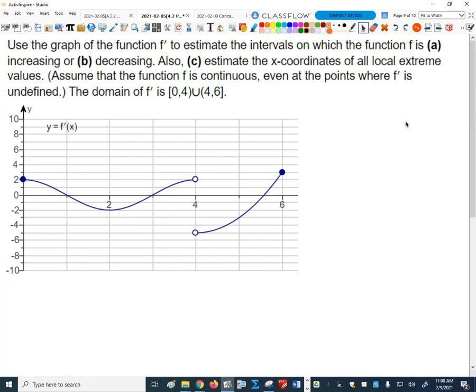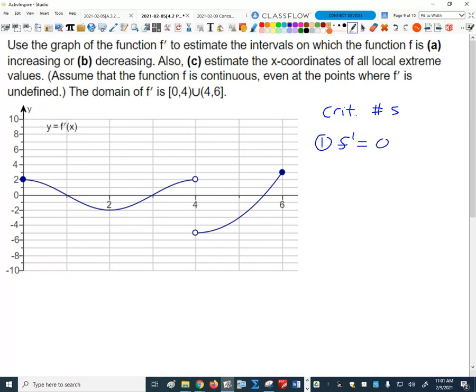So once again, you guys tell me, let's find all the critical numbers here. Critical numbers occur where the derivative equals 0 or where it's undefined. So let's look at both types here. So what are the x values where the derivative equals 0?